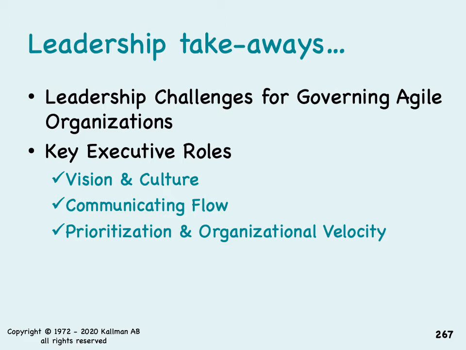These are key for making sure that your governance and/or transformation and your leadership are working. We're going to look at vision and culture, communicating flow, and prioritization, and how to start to understand what your organizational velocity actually is.